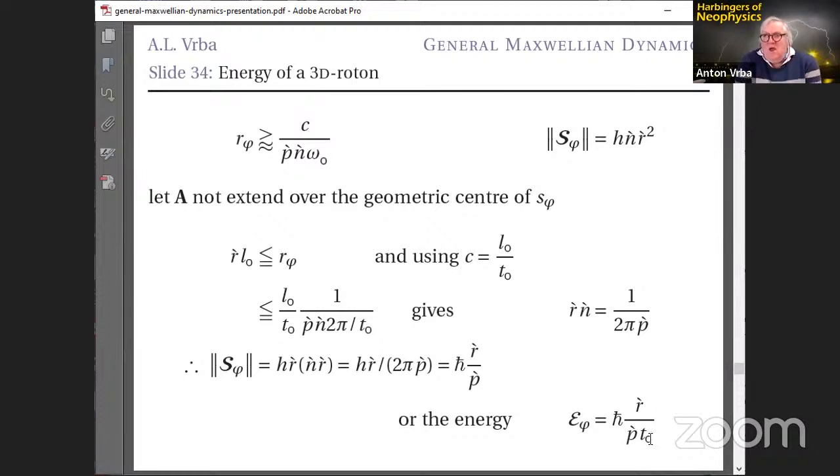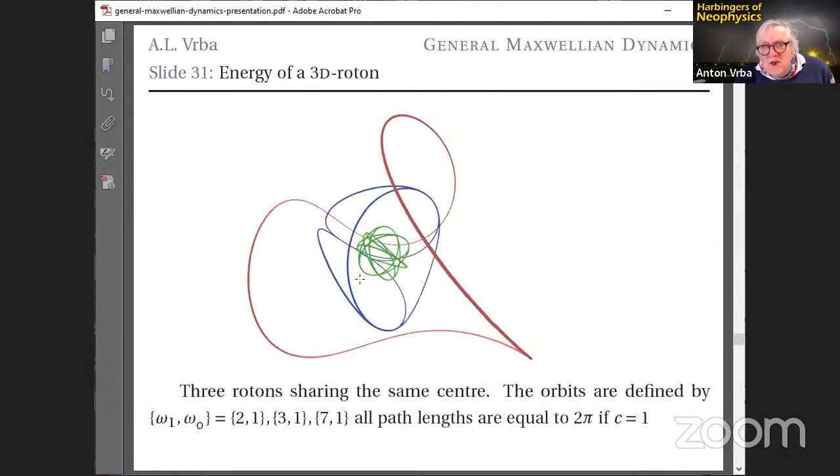So here we can see that the energy is proportional to R. As R diminishes in size with P, the energy, let's go back to this equation, the energy of this outer wave would be 7 or 3 times more than the blue one, or 7 times more than the middle one here.